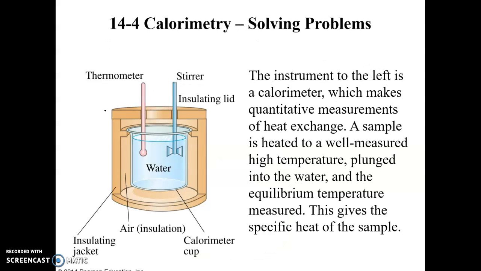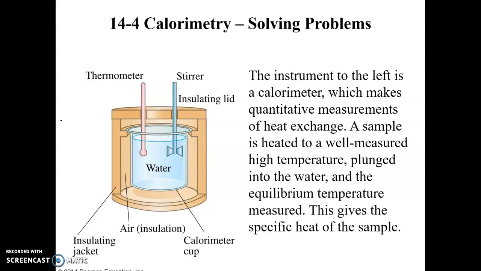Okay, so this device you're seeing here is called a calorimeter. So essentially it consists of a cup filled with water, has a thermometer, has a stirrer to make sure that the heat energy is evenly dispersed in the water. And then we want to try to isolate this system, to close it off from heat that might be in the surrounding room. So it is insulated.